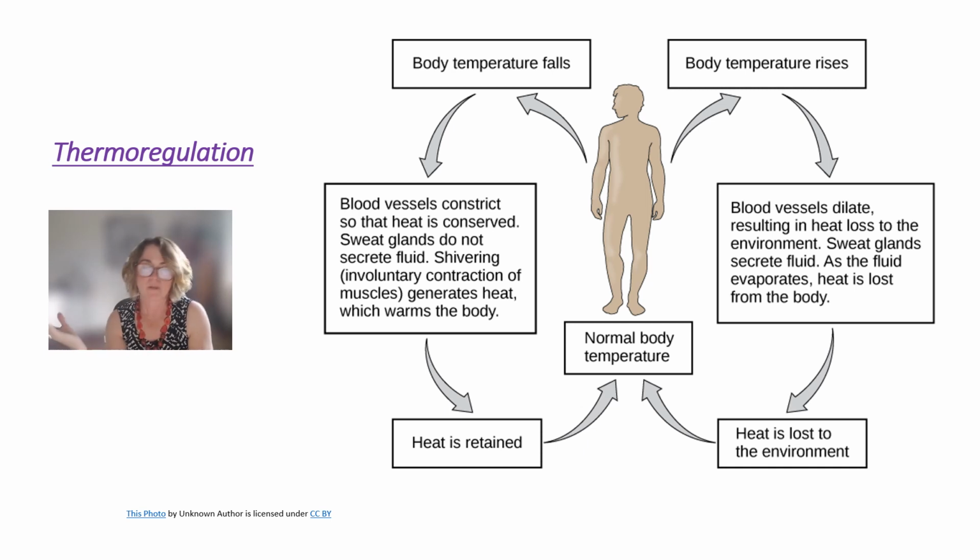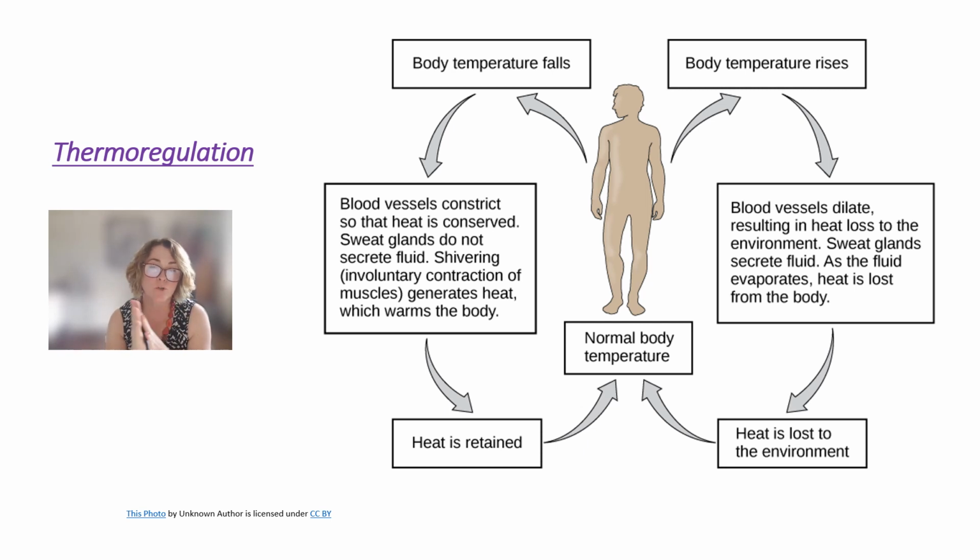Now, when it gets hot outside and our body temperature starts to rise, the body signals to have the blood vessels dilate, which results in heat loss to the environment. The body will also activate the sweat glands to secrete water, and as that water evaporates, that's a cooling mechanism, right? That's going to remove energy from the body, and so heat is going to be lost, and it'll help to cool the body down and come back to a normal body temperature.